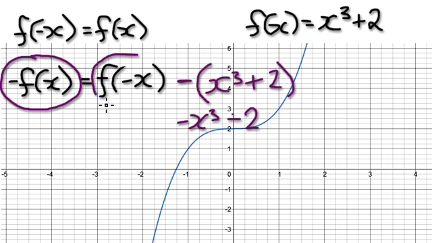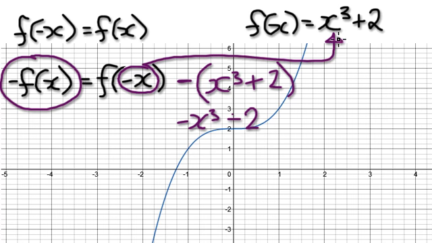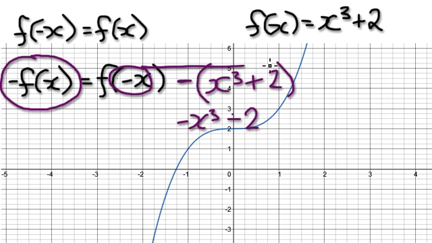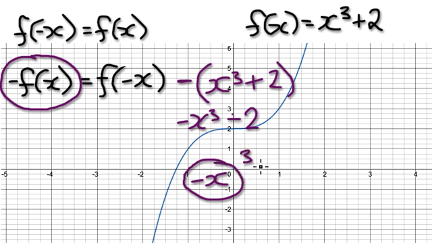Now let's apply the other transformation to this function, meaning we put minus x into here. So that will be minus x, and then we cube it and then plus 2.